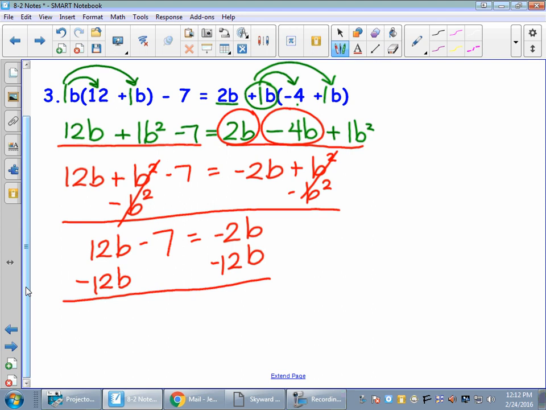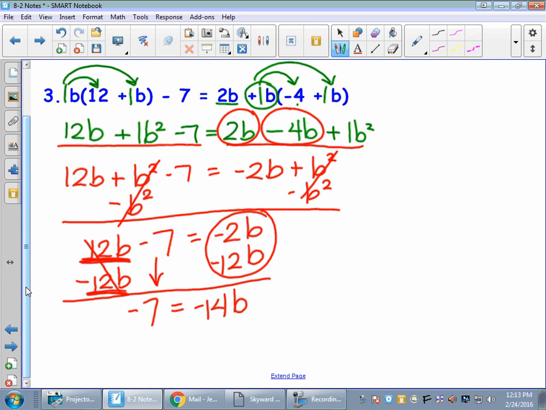I want my b's to show up on the right-hand side, so I use inverse operations. This is a positive 12b, so I'm going to do the opposite, subtract 12b. What that does is it cancels it here. We bring down our negative 7, and it shows up over here on the right-hand side with the negative 2b. And so what we end up with is negative 14b.